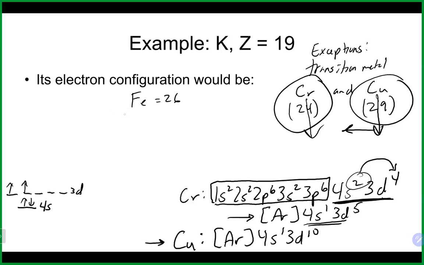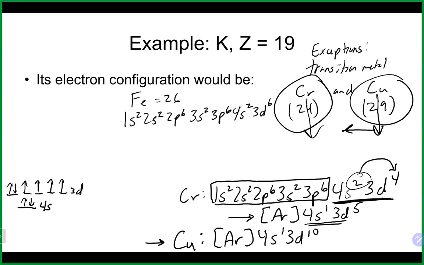If we write the electron configuration for iron, it'll be 1s2, 2s2, 2p6, 3s2, 3p6, 4s2, 3d6. So if we fill in our electrons here, this is pretty much what it will look like if each of these arrows represent electrons.